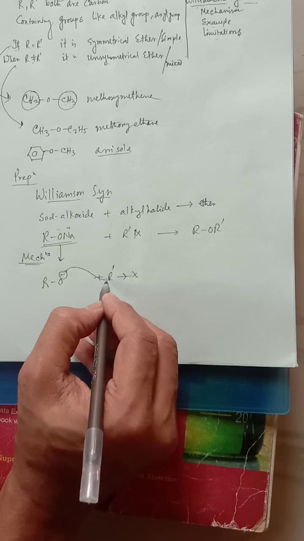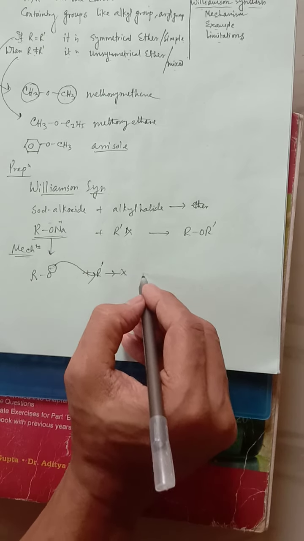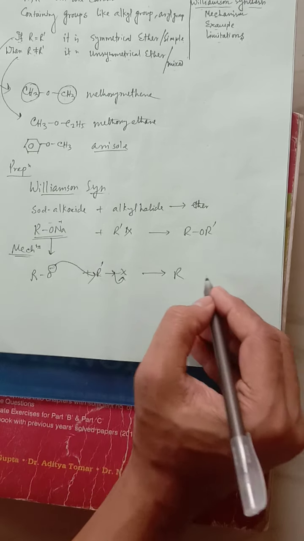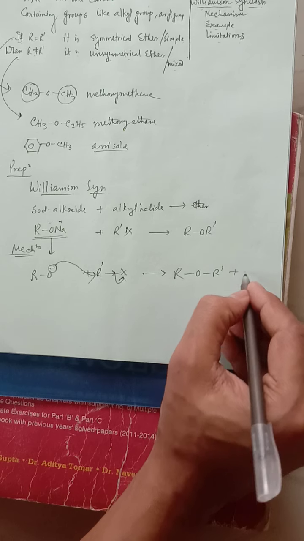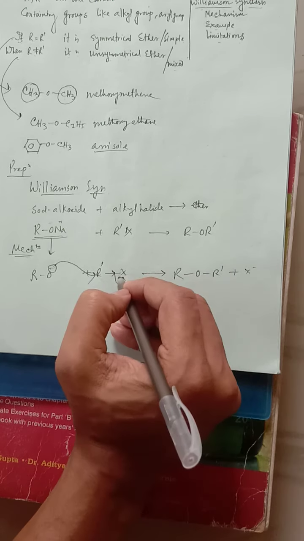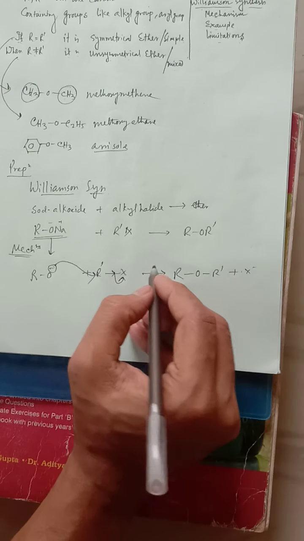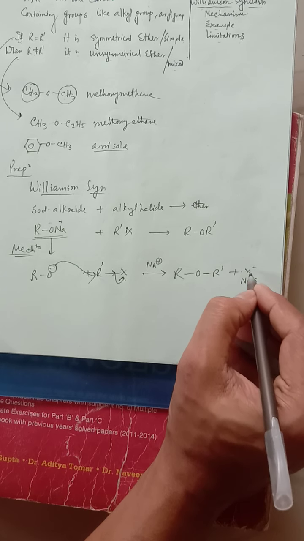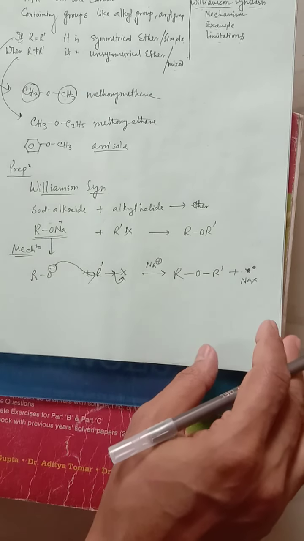Whenever they interact with each other, this negative, that means electron is donated, a bond is formed, as well as this bond has been broken, so R dash plus X minus. This X minus is added with Na plus, so finally you are getting NaX. So this is the mechanism, simple way we can elaborate the mechanism.